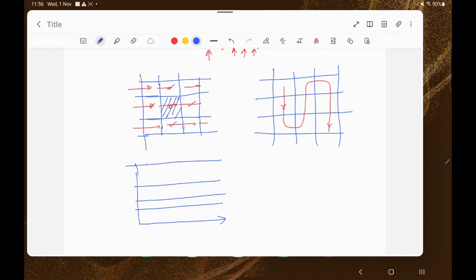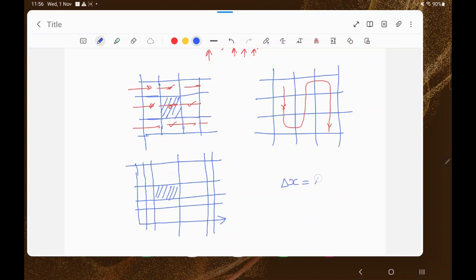On the x side, if I divide it like this, now if you take any cell here, delta x and delta y are not the same.